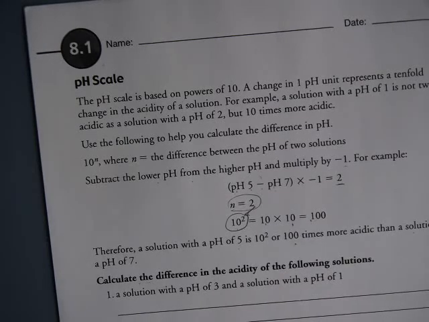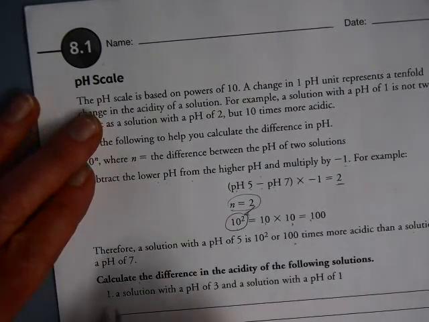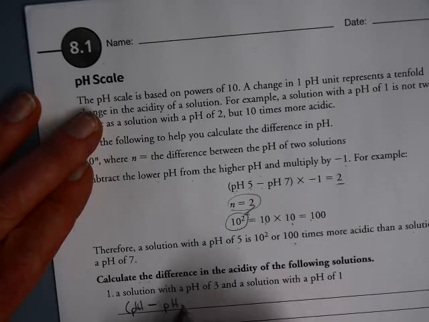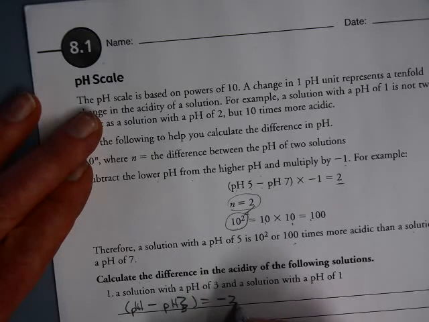I'll do one more. Following the instructions, you subtract the higher from the lower: pH 1 minus pH 3 is equal to -2.